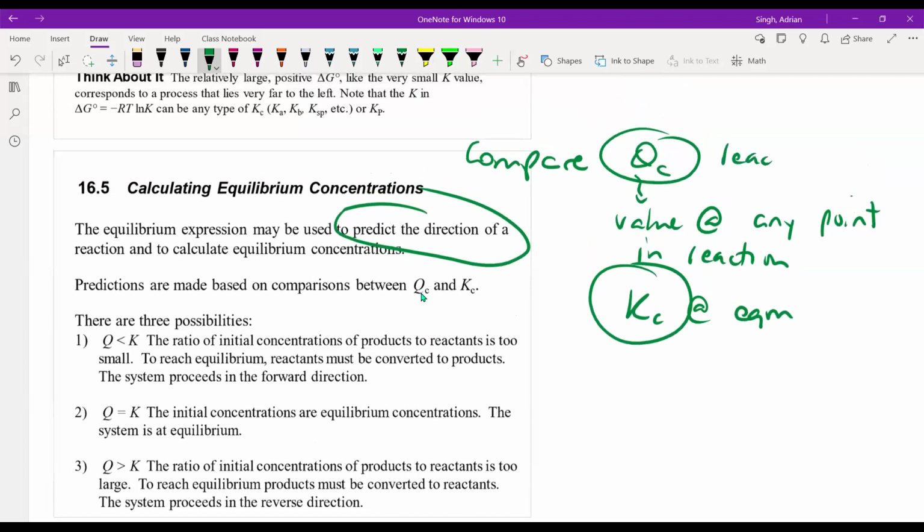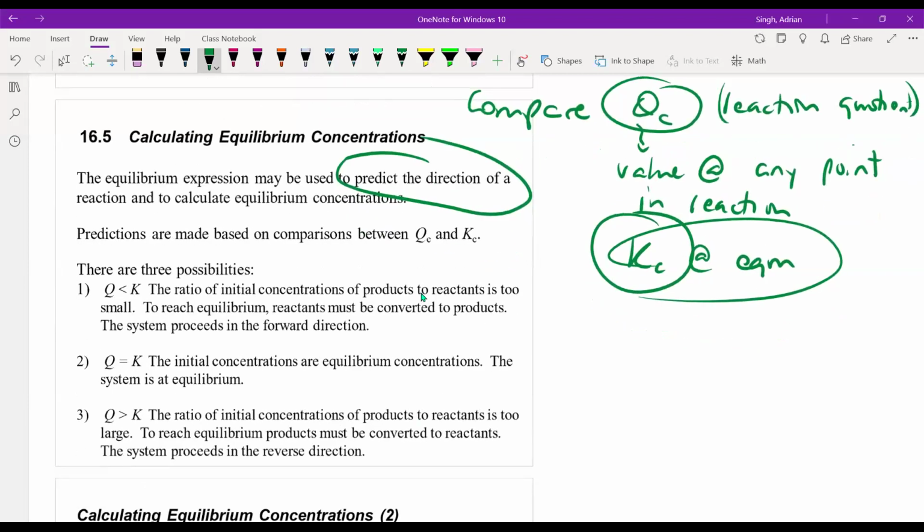This is the reaction quotient, which is just a general way that we represent the relationship between the products and the reactants. And then Kc is a specific case of Qc, the reaction quotient. This is under equilibrium conditions. So if we find that Q, the reaction quotient at any point in time in the reaction, is actually less than K, right, what this means is the ratio of the concentration of the products to reactants is small.